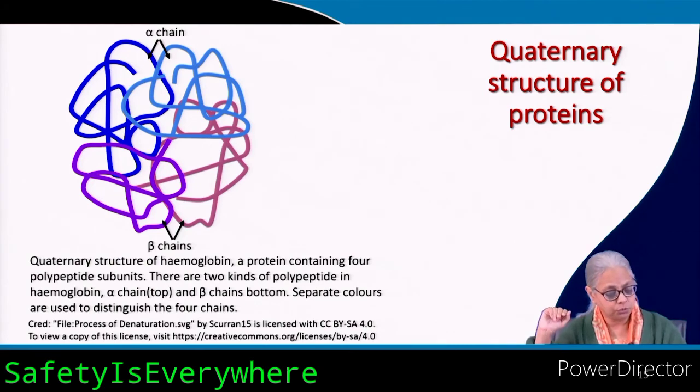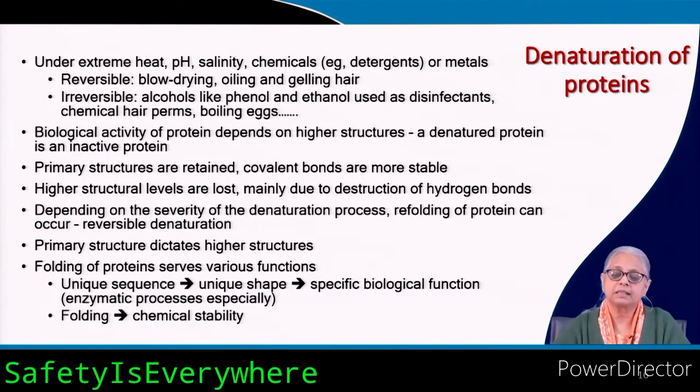I'm not going to do it here, but let's come to something else that is just as important as hemoglobin, and that is how do other proteins function and what causes denaturation of proteins. Now the biological activity of any protein is based on, like I said, the folding of these higher level structures.